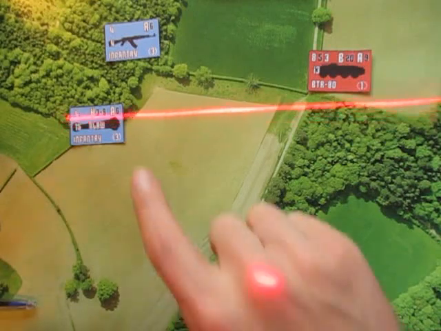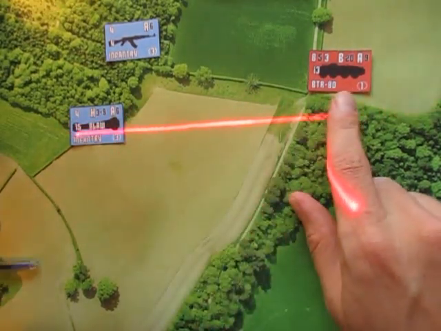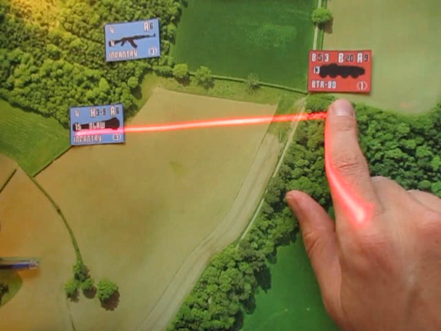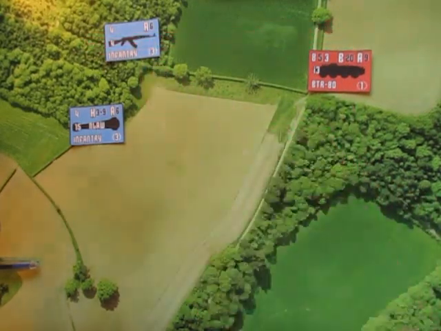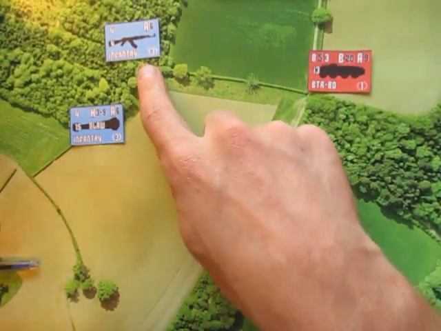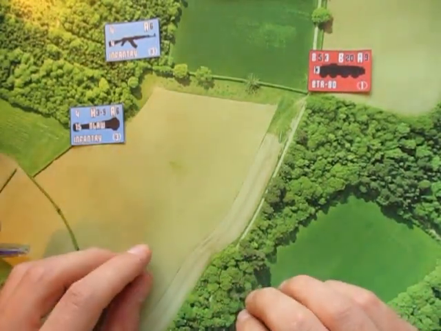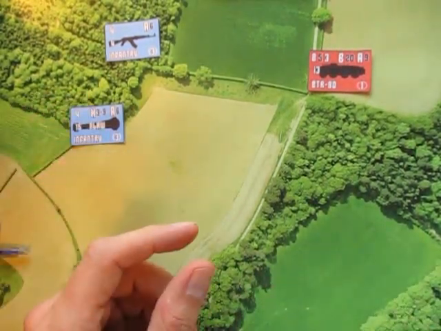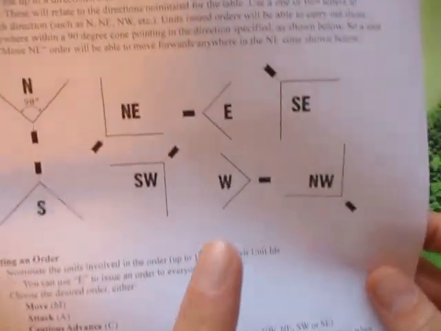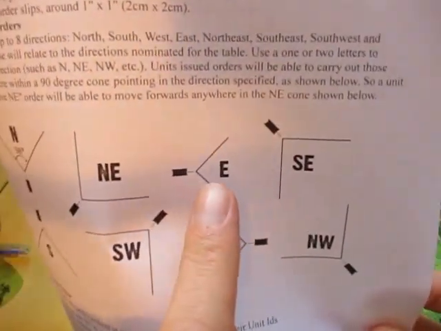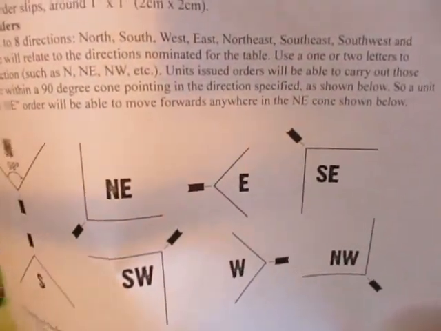So in this case, this N-Law wouldn't actually be able to attack this BTR 80 because it hasn't been issued the right kind of order, but this infantry here would be able to. In this case, this infantry can't really do much against this BTR. It can certainly detect it, but if we say that, for example, instead we had issued an attack east order, you can see here, attack east would have probably been a better idea.